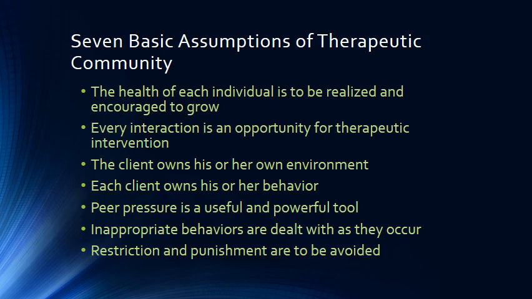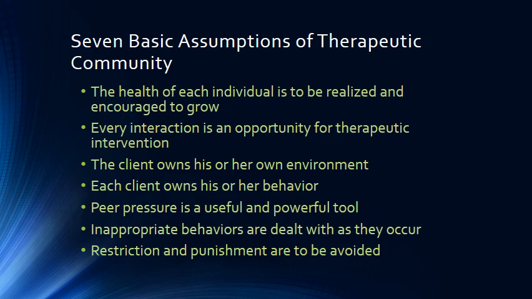The third is that the client owns his or her own environment. It's really important that we teach autonomy and accountability. Each client also owns his or her own behavior. They should take responsibility for the things that they do. Peer pressure is a very useful and powerful tool, and that helps establish group norms.